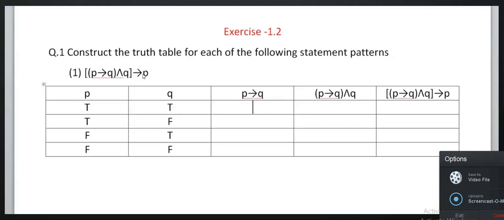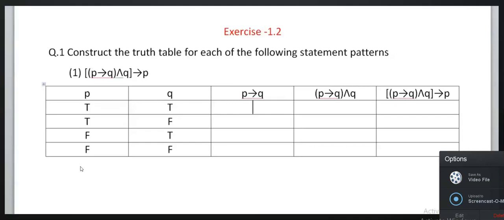This is important, this main connective we want to find out. But it requires this pattern. We will require P implies Q, and next we will require P implies Q and Q, and then we will find this implies P. In this way, we will construct the table.